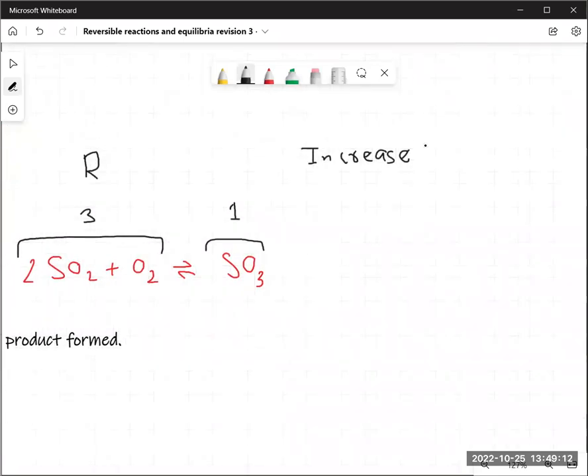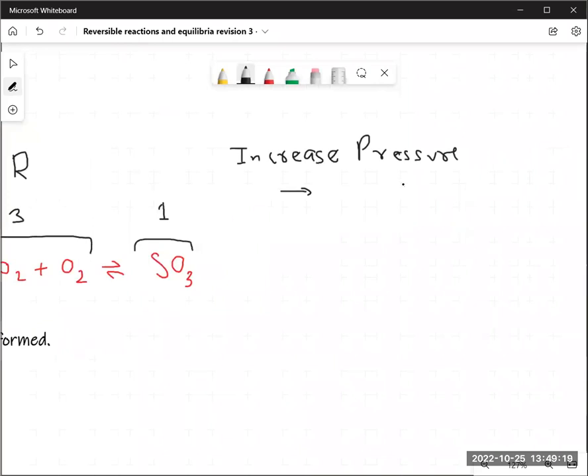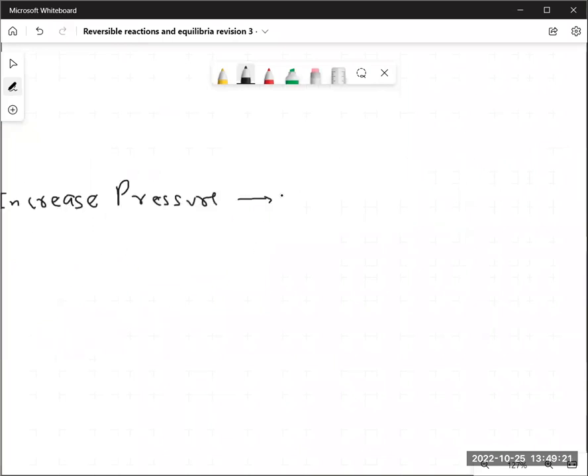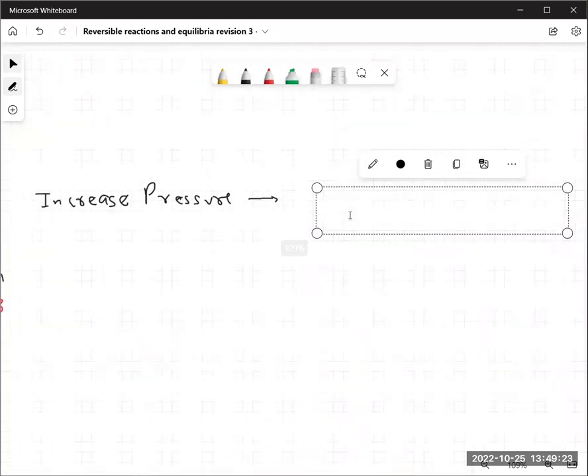So if I increase pressure, forward is favored. The yield of forward increases. Can I say that? If forward is favored, then the yield of forward is increasing. So the yield of the forward reaction is favored. Is that clear?